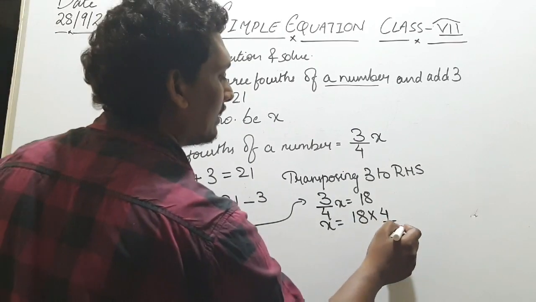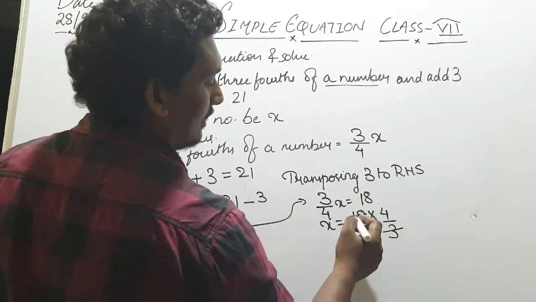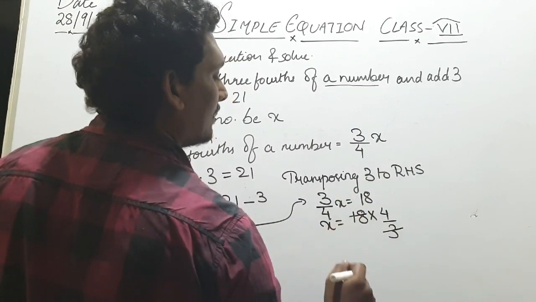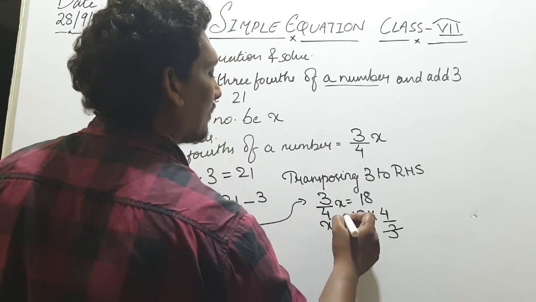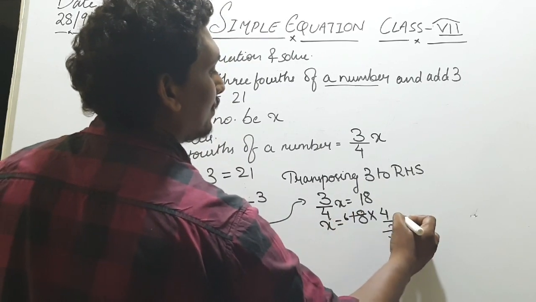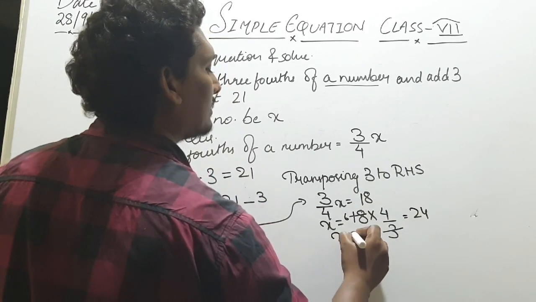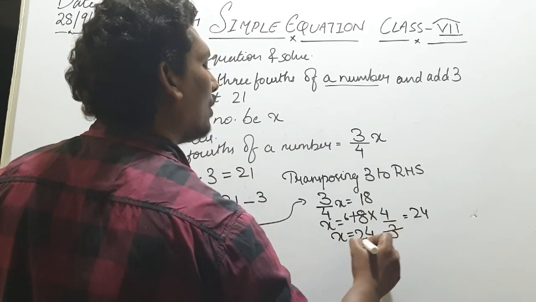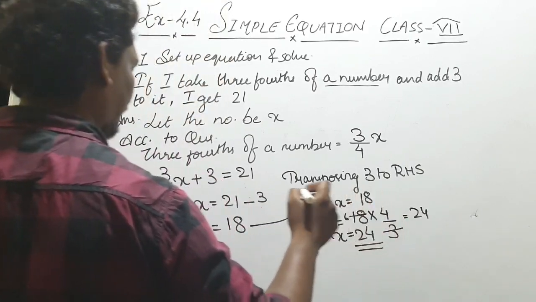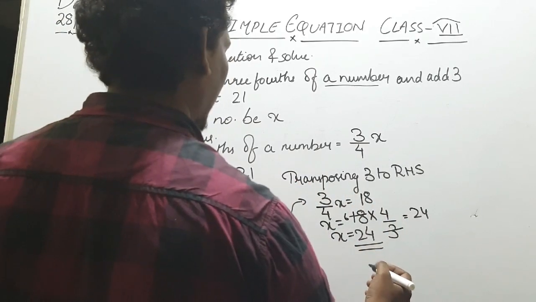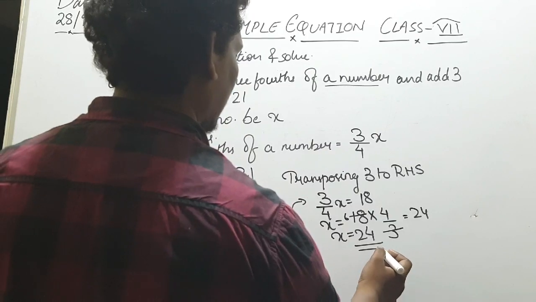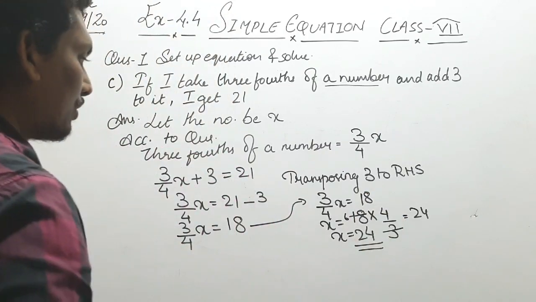Now cut this and this 18, cancel this. So what you will get? 6. 6 into 4 is 24. So the value of x is 24. This is the final answer for the question. Just go through it.